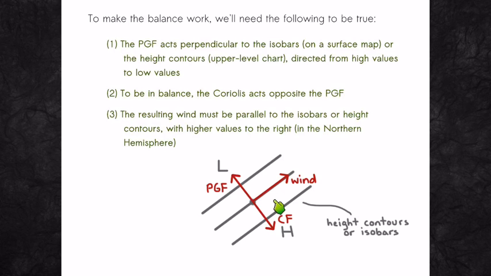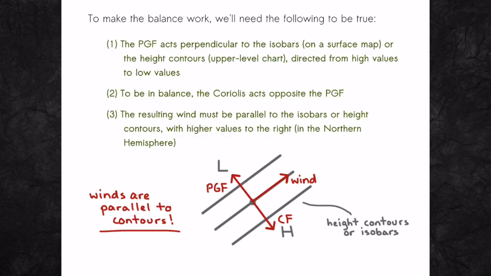If you go through that argument, what you find is that the wind always has this relationship to the isobars and or height contours. The only way this is going to work is that the wind is always going to have to be along the contours in this direction, with higher values of pressure or height to your right in the northern hemisphere. So the end result here is that the winds are parallel to your contours.